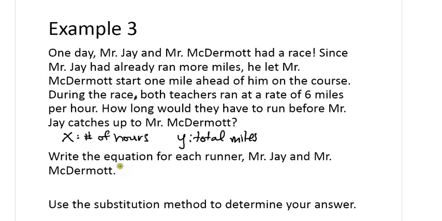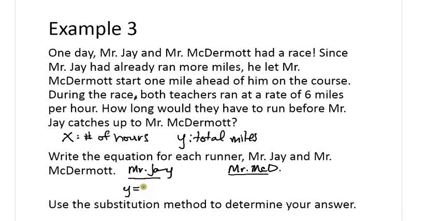All right, so let's say Mr. J is here, and Mr. McDermott. Because McDermott's such a long name, I was going to call him Mr. McD. So Mr. McDermott got to start 1 mile ahead of Mr. J on the course. But it says they're both running at 6 miles per hour.